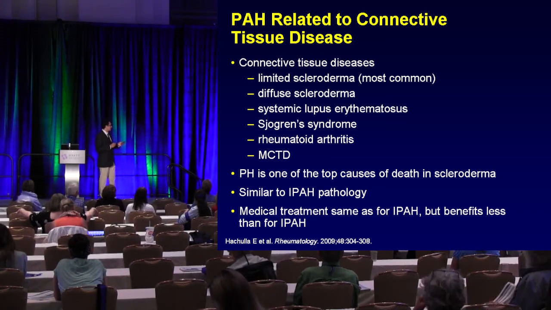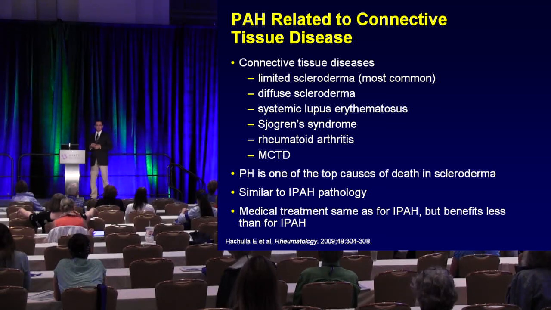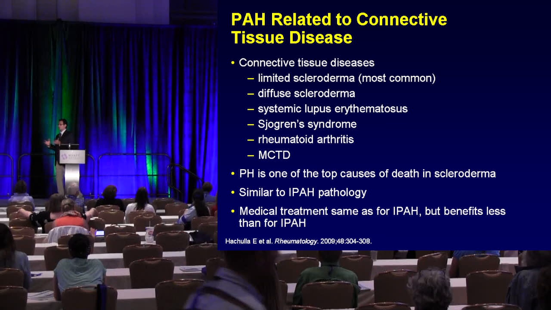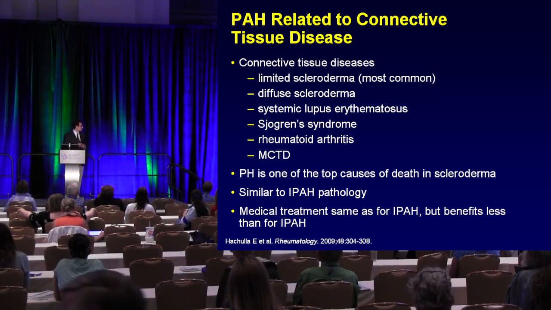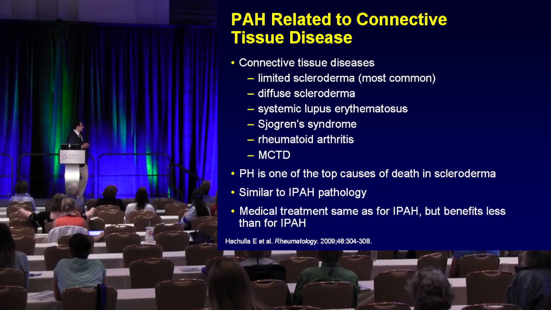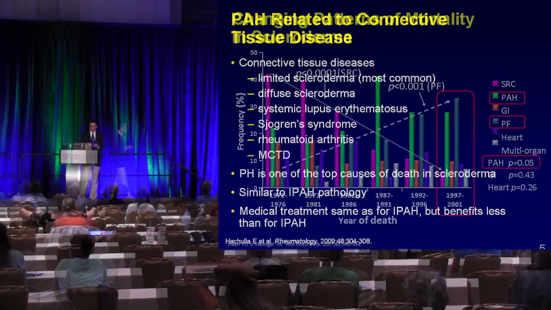The medical treatment is similar to that for IPAH, idiopathic pulmonary arterial hypertension, people where we don't know what caused their pulmonary arterial hypertension and they don't have a connective tissue disease. But the benefits are somewhat less robust compared to IPAH.